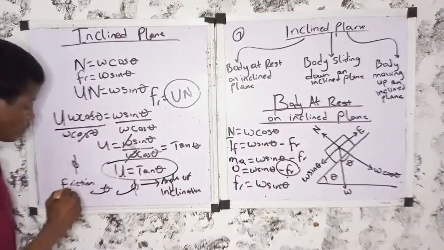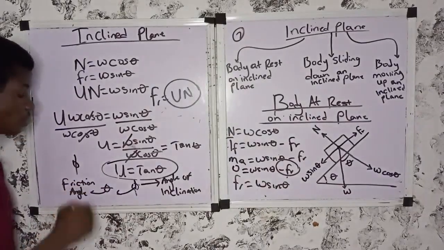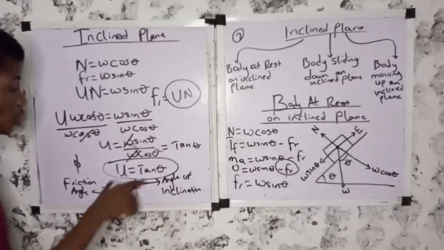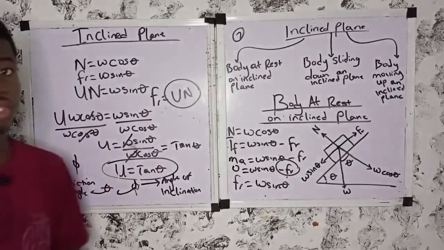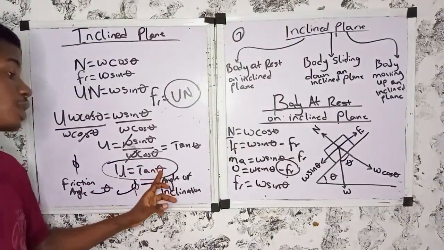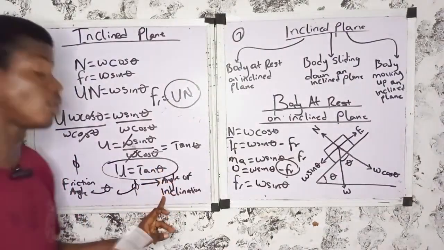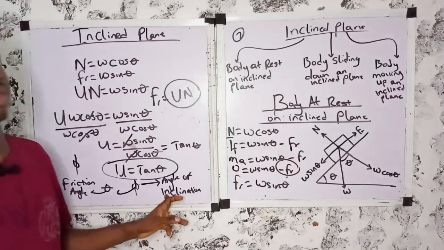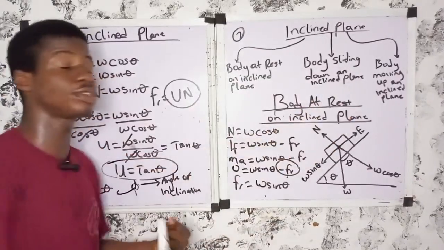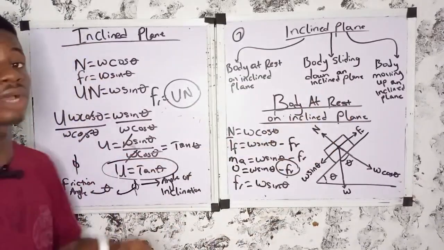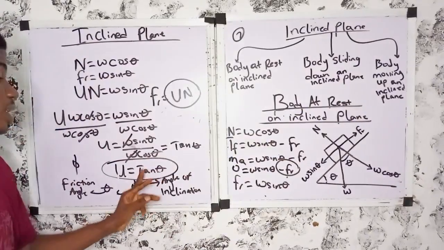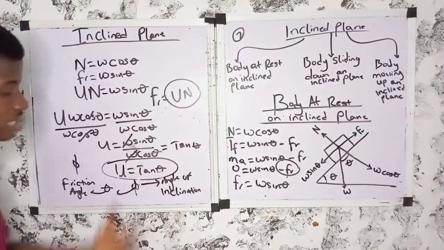This angle here is known as the friction angle. Previously, it was called the angle of inclination. So at the point of sliding down, it is not called the angle of friction, which is theta. So that is just it.